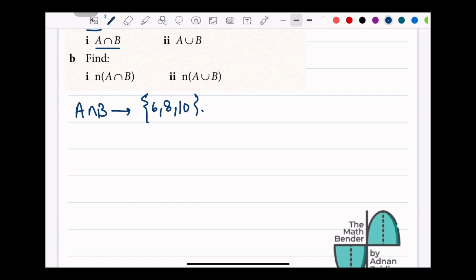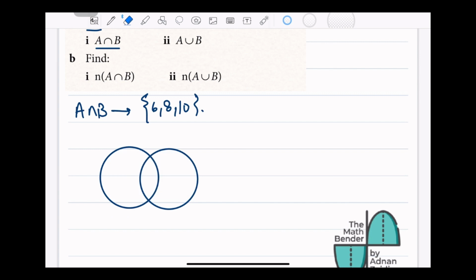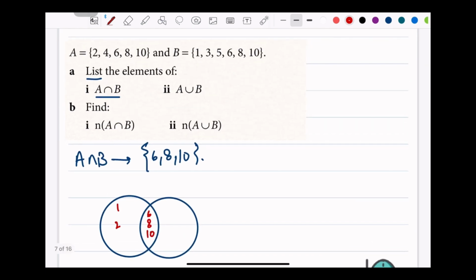So if I draw the diagram here, 6, 8, 10, then 2, 4, 6, 8, 10, and this is 1, 3, 5.